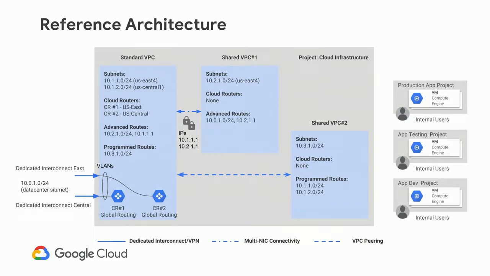The second thing is I want to peer 2 of these. So if I take the shared VPC number 2, I'm going to peer that with the standard VPC. That allows, again, the standard VPC and shared VPC to communicate together via that peering relationship, right? If you look at the bottom, it says programmed routes. So in the standard VPC, I'm going to now have programmed routes. And again, these are routes that I talked about in the very first slide that you can't change, right?